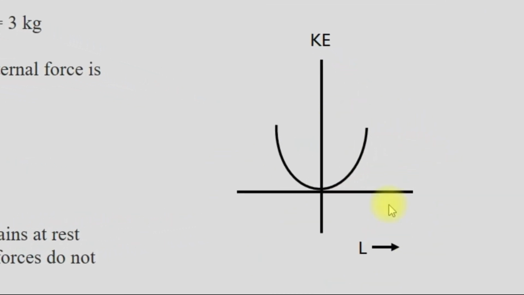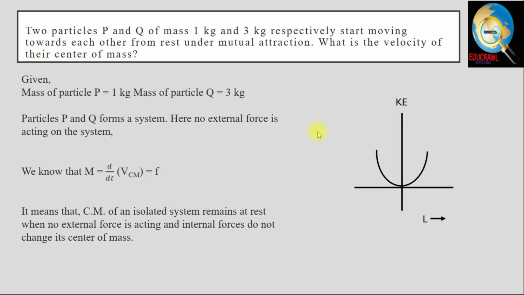When they form a system, no external force is acting on it. If no external force is acting on the system, the center of mass remains constant. So the velocity of the center of mass will be equal to 0, since it is moving only under the internal force. Hence the center of mass velocity will be equal to 0.